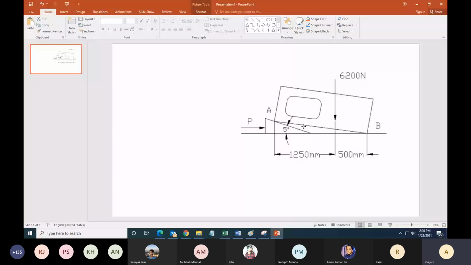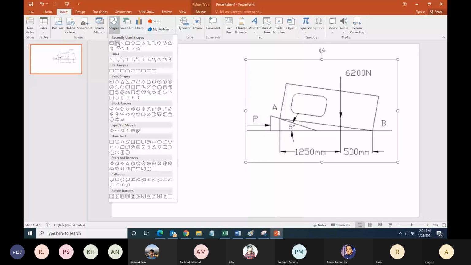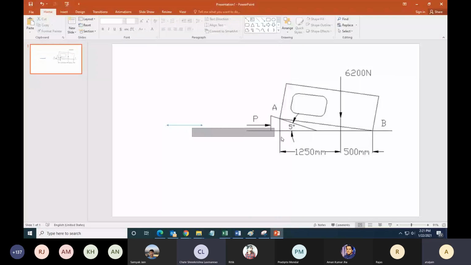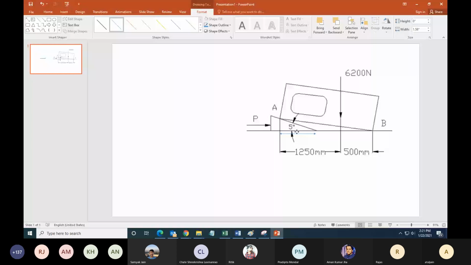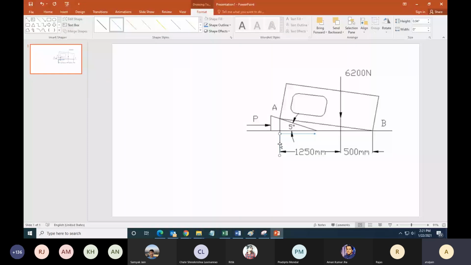So the hint that I can give you to solve this problem is that you can assume that this length that I'm showing with my blue arrow is negligible.